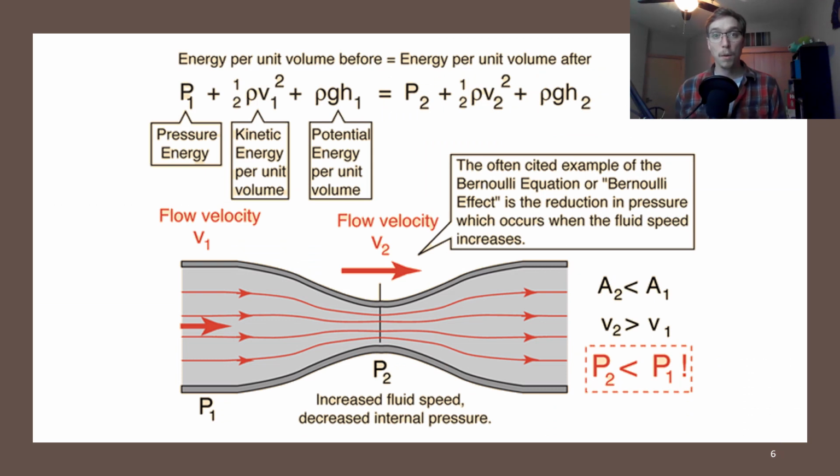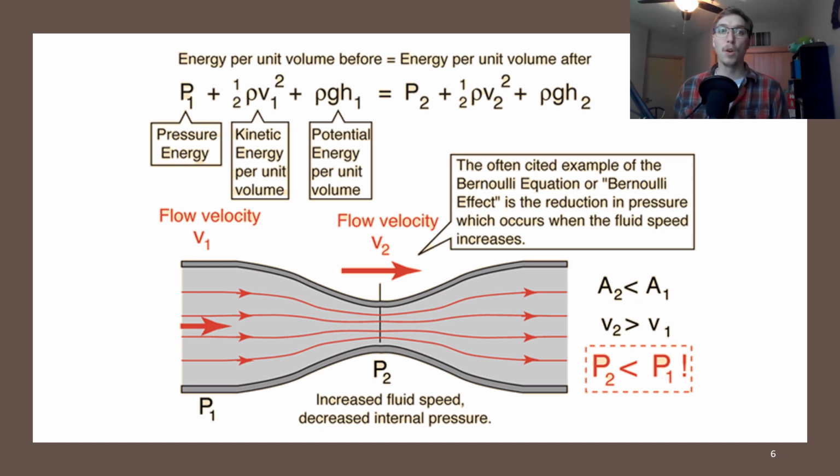Here is our Bernoulli principle. An often-cited example of the Bernoulli equation is the reduction in pressure that occurs when the fluid speed increases. At V1, our fluid is flowing through a broader pipe. The flow velocity has to increase to move the exact same amount through, so that it equals the pressure on either side.